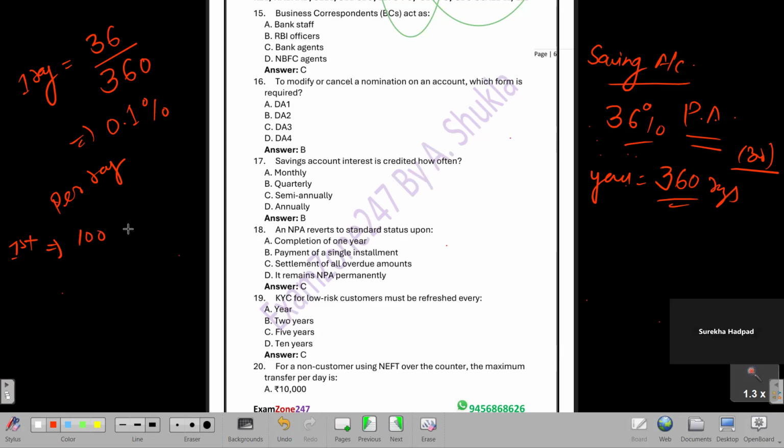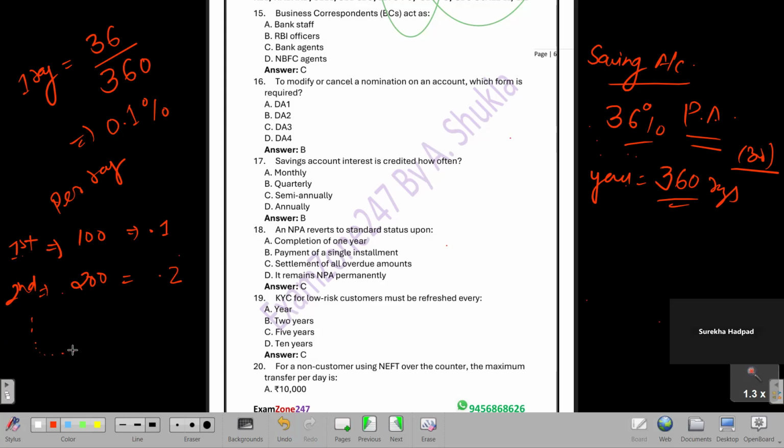Then for that day you will get 0.1% of this, that is 0.1 rupees. On the second of the month, you were having 200 rupees, then you will be getting 0.1% of 200, that is this.